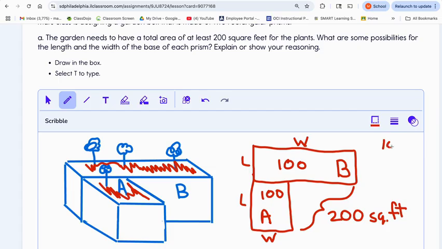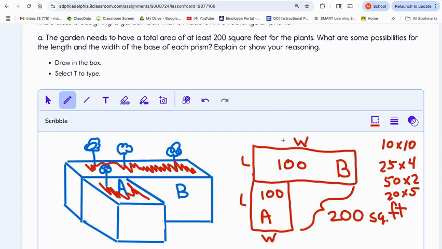For example, 10 times 10 equals 100. 25 times 4 equals 100. 50 times 2 equals 100. And 20 times 5 equals 100.